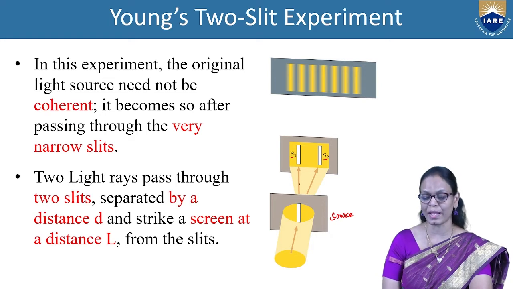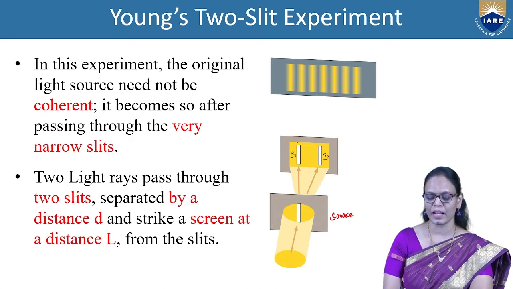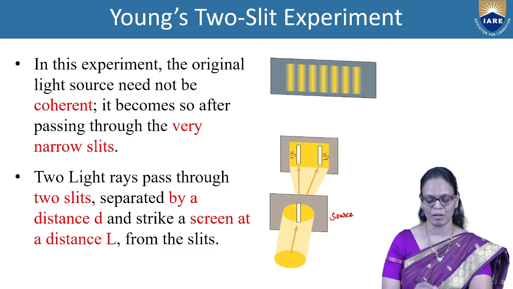The light coming from this source will pass through these two slits, and the light that emerges from these two slits will now interfere and give us the interference pattern.